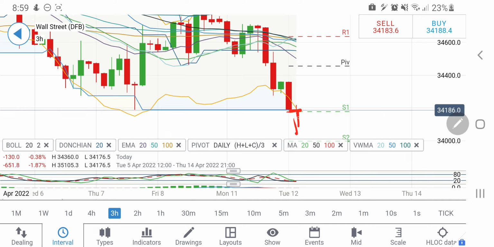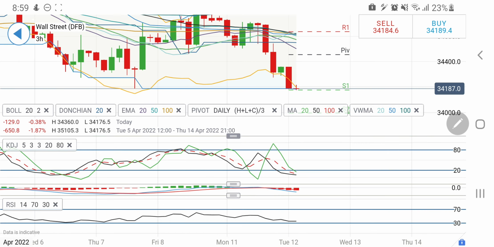Then you can expect it to drop strongly towards 34100 and 34000 levels. However, till the time it remains above 170, you can expect that we may see a little reversal from here. How far this could go, only if it breaks the 34350 zone, then only I will expect that it is going to be a confirmed reversal where you can expect a rise.